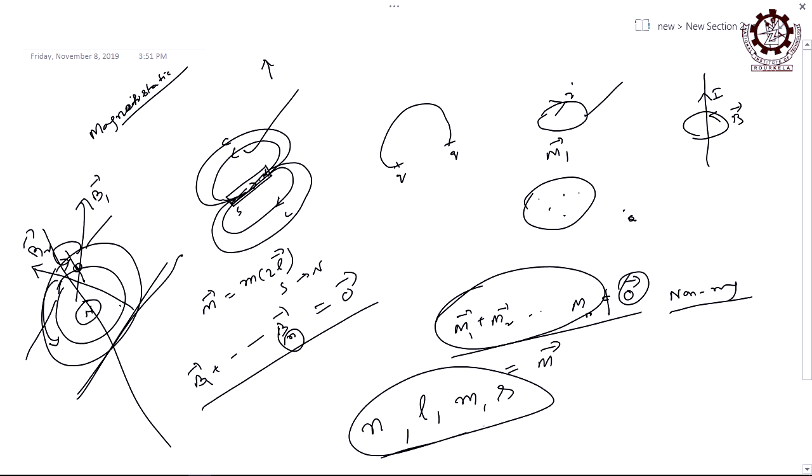These 4 quantum numbers: N is the principal quantum number, L is the azimuthal quantum number, M is the magnetic quantum number, and S is the spin, and there is a relation among these quantum numbers to satisfy the structure of the atom. If N equal to, let us say 1, then what are the values for L? Can any value of L be possible? How many values are there?